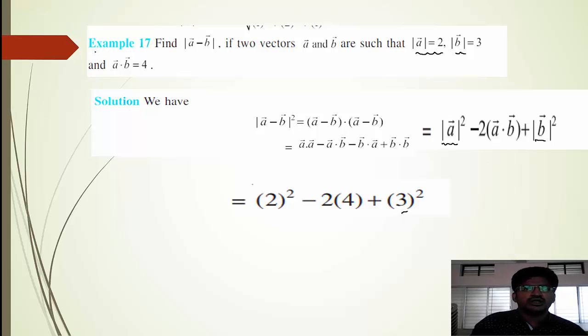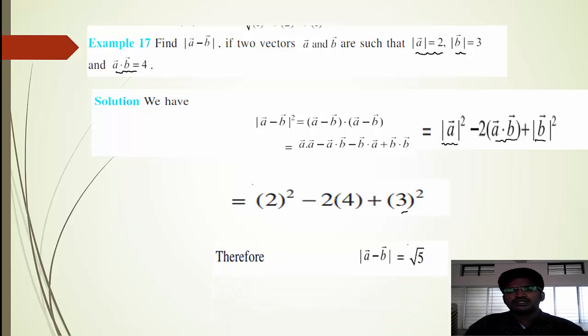They also gave vector A dot vector B, so in its place you write 4. Clear? So 2 square is 4, minus 2 into 4 is 8, 3 square is 9. 4 plus 9 is 13, 13 minus 8 is 5. Clear?